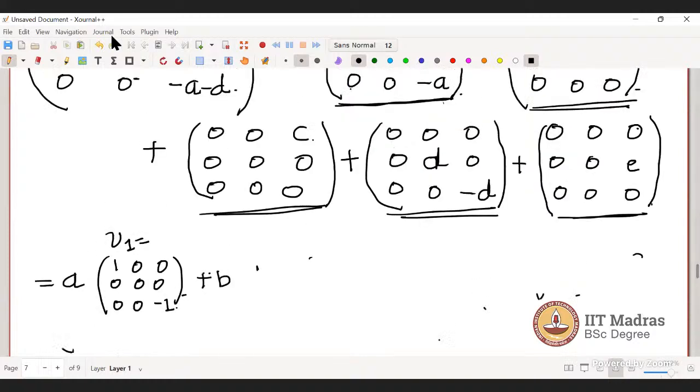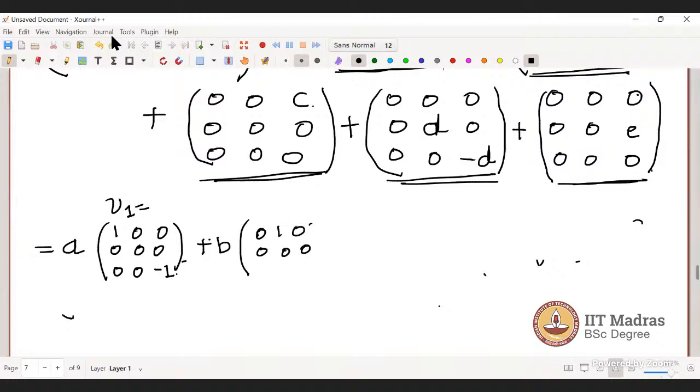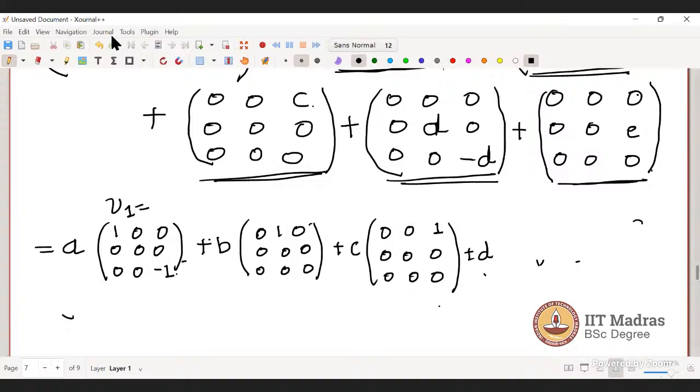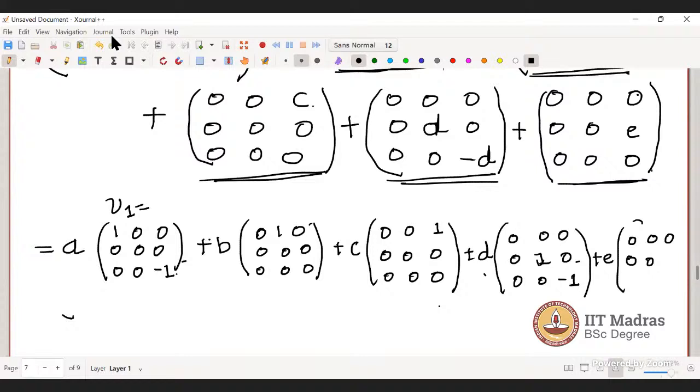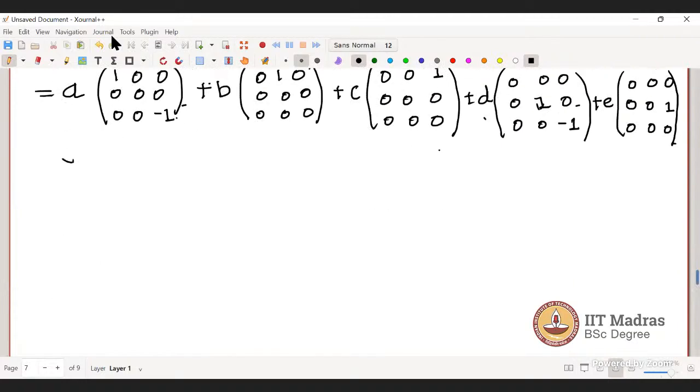Similarly, I will get B times 0 1 0 0 0 0 0 0 0, and C times 0 0 1 0 0 0 0 0 0, plus D times 0 0 0 0 1 0 0 0 minus, plus E times 0 0 0 0 0 1 0 0. This is my V1, V2, V3, V4, V5.